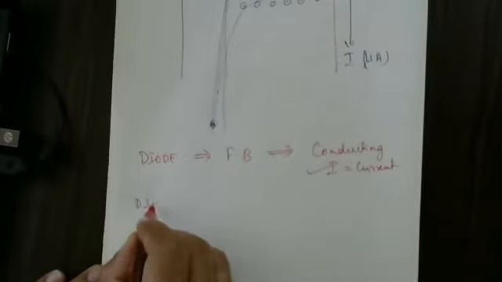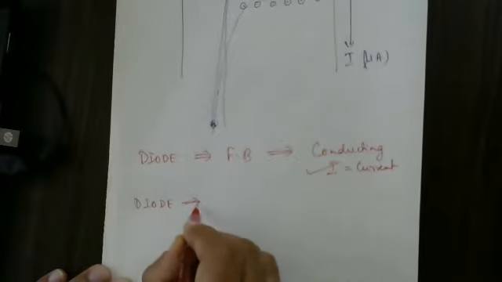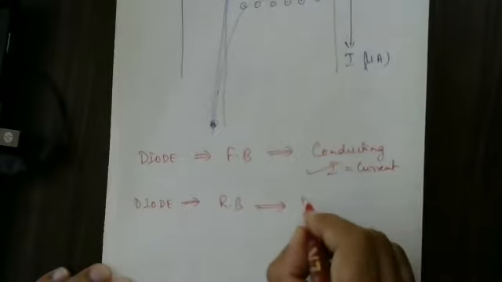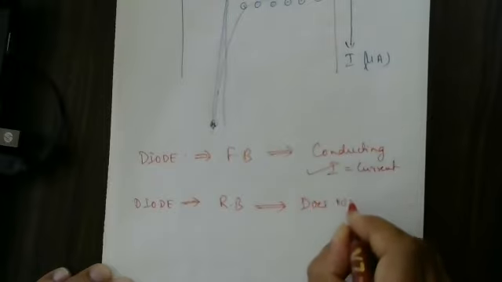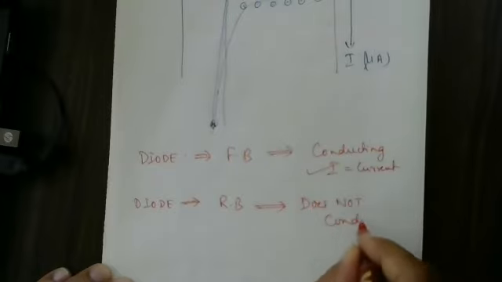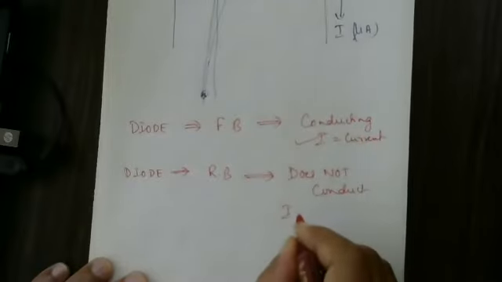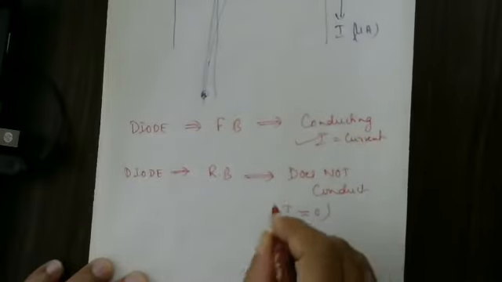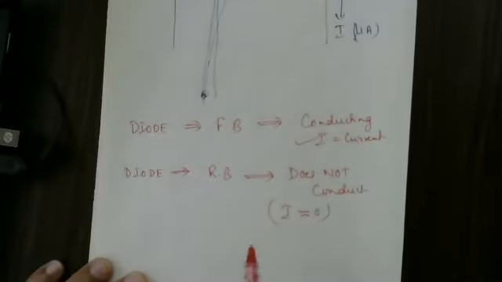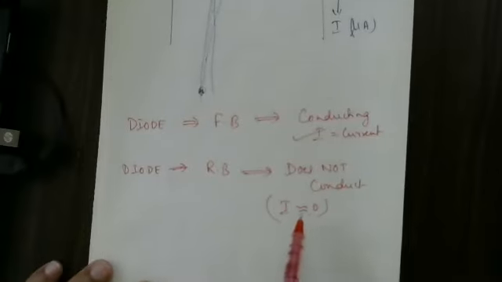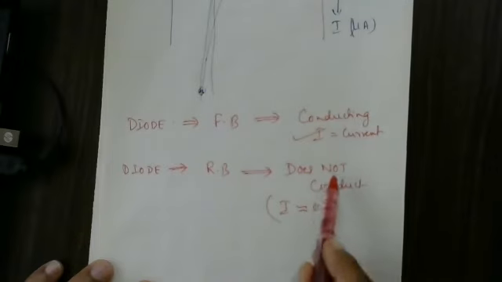If a diode is reverse biased, then we say the diode does not conduct. As the diode does not conduct, the current is approximately equal to 0. I am neglecting the minority charge carriers. Majority charge carriers, no one is moving here. Therefore, current flow is approximately equal to 0. It is not conducting.